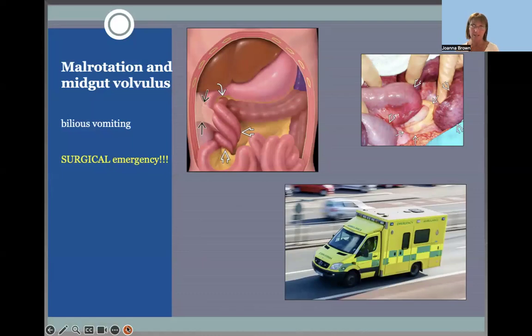And why is it important? It's a real surgical emergency. When you have a baby with bilious vomiting, you need to think about malrotation and volvulus, and this baby needs to be sent very quickly, by blue light ambulance, to the surgical theater. Why? Because if the blood vessels within the mesentery are closed by this rotation, you have about 4 hours to save the baby.